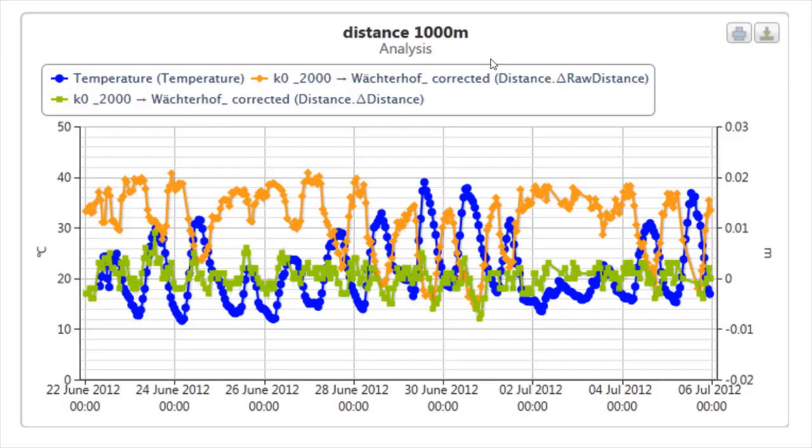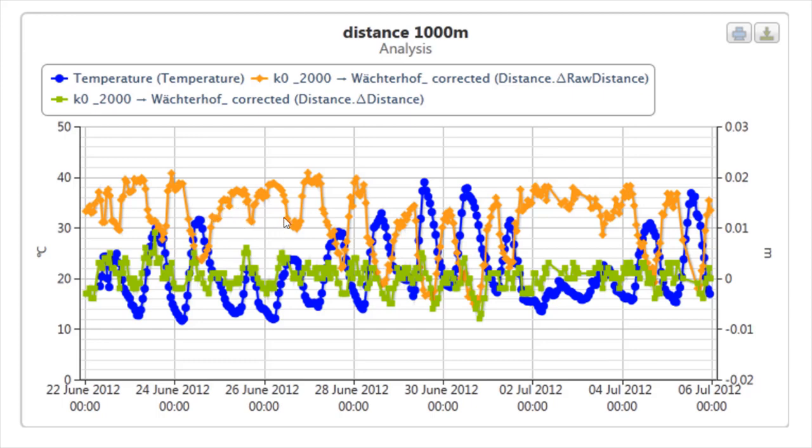With the target raw sensor in T4D Web, the distance correction can be visualized by adding the temperature sensor here in blue, the raw distance and the corrected distance into one analysis chart. Here you can see that the temperature varies quite a lot, up to nearly 30 degrees per day.